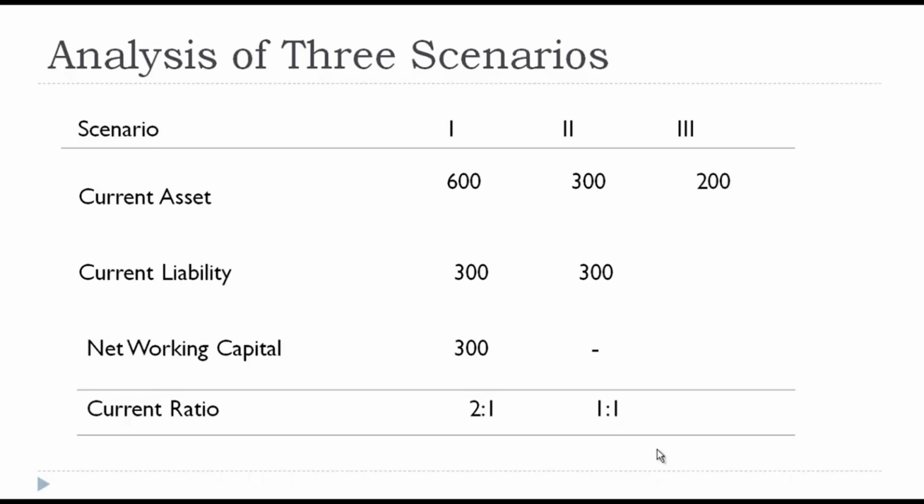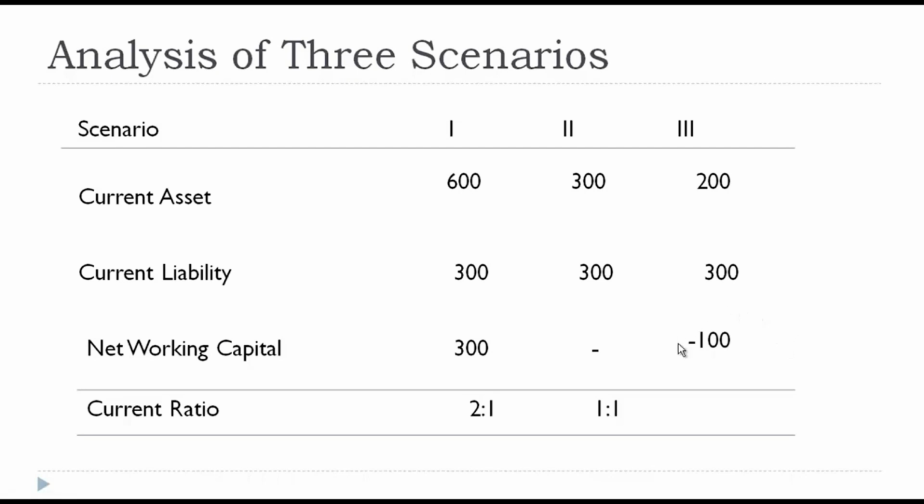Current asset was 200 and current liability was 300. Is there any contribution from net working capital? Whether net working capital was used for funding current asset? No, it is rather negative net working capital. That is, portion of current liability which was in excess of requirement of current assets is used in negative way. So it is called as negative net working capital.